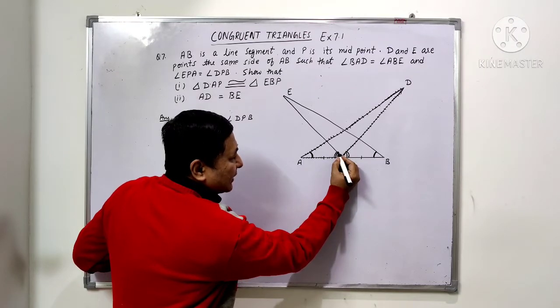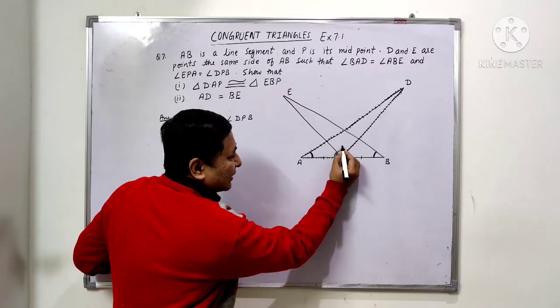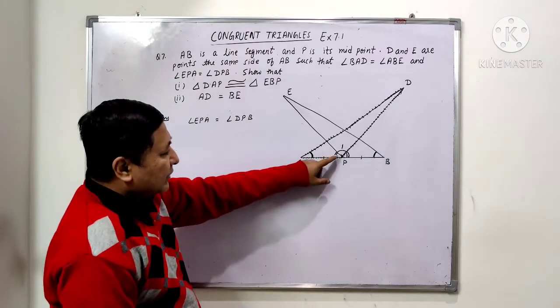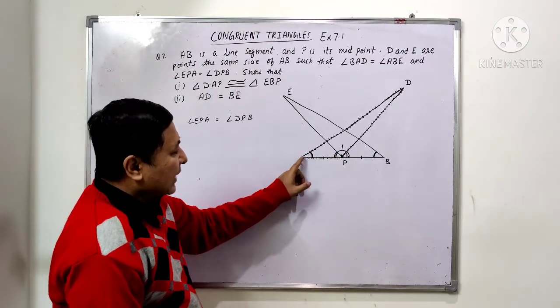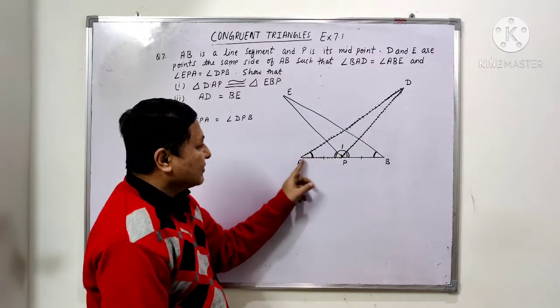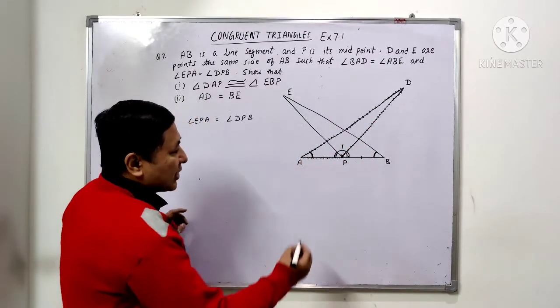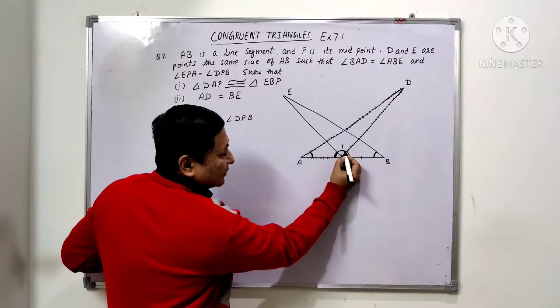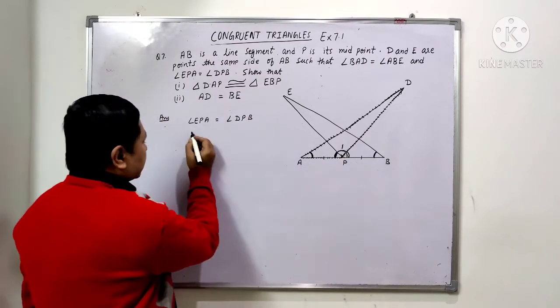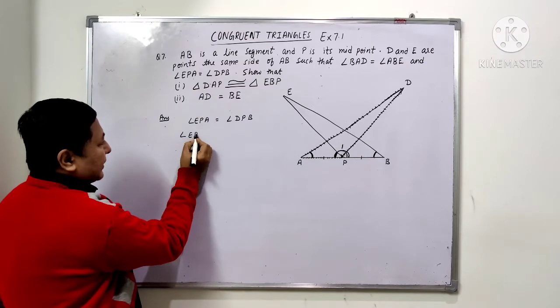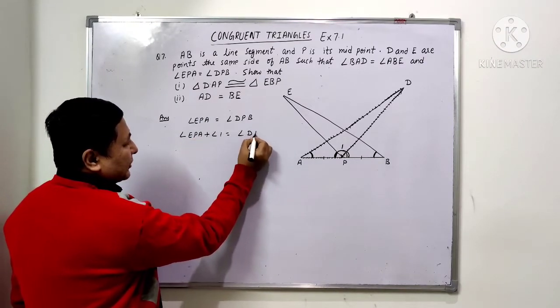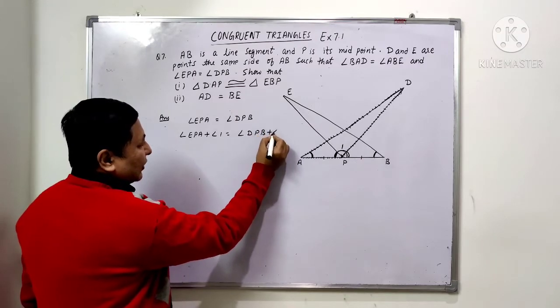It will be complete only if I add this angle, which I am marking as angle 1. If I add angle 1 to angle EPA, I will get the full angle DPA. So if I add angle 1 to both sides, I will write angle EPA plus angle 1 is equal to angle DPB plus angle 1.